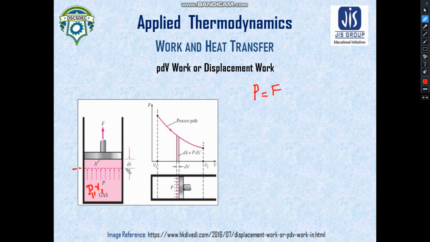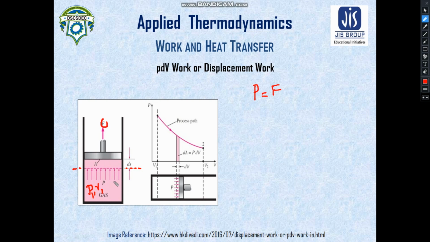If you see this diagram very minutely, you will find this refers to the initial position of the piston, and after the expansion has taken place, there is an elevated position of this piston, and ds is the amount of displacement of the piston.